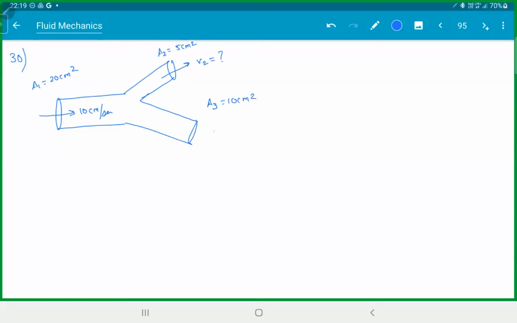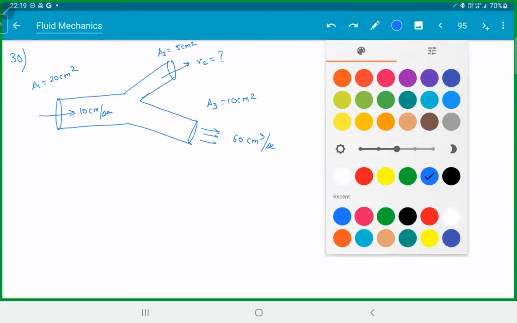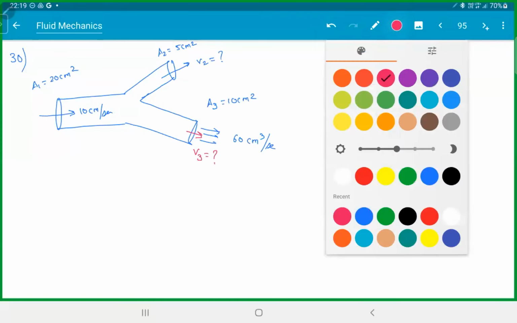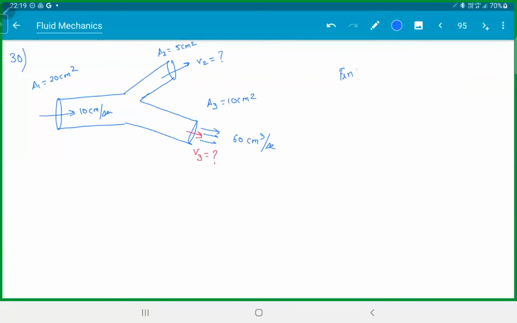A3 is 10 centimeter square, and here the liquid is flowing out at a rate of 60 centimeter cube per second. But speed V3, we don't know again. So you don't know V2, you don't know V3. Find V2, V3.